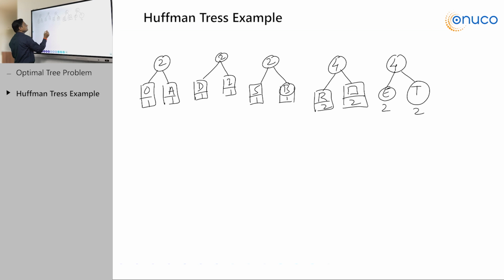So what will happen, friend, is we get 2 plus 2 is 4, and here we have a node, and the left side is O, the right side is A, right.